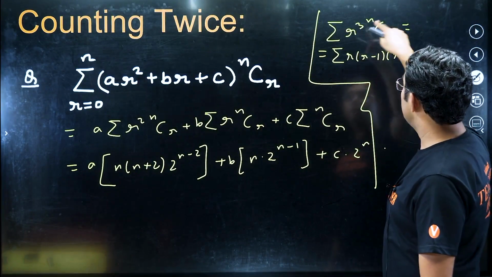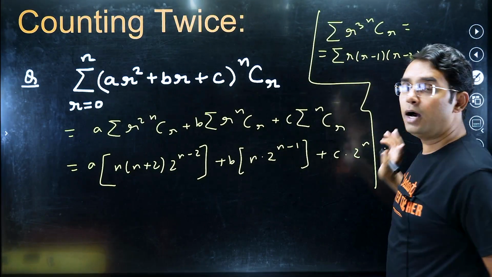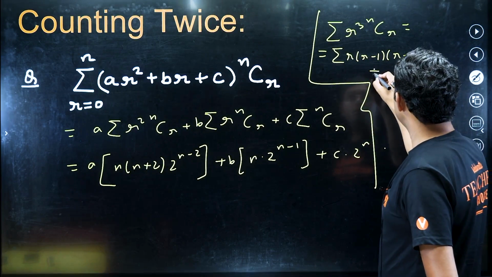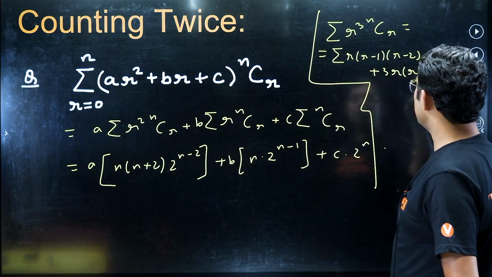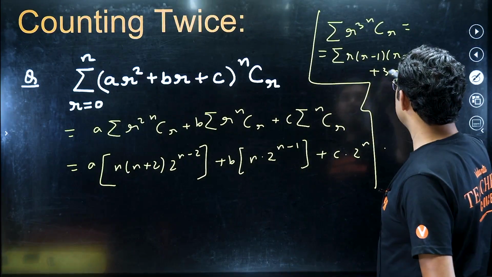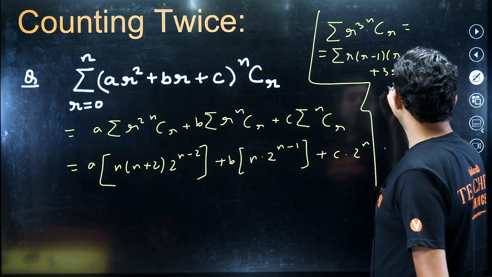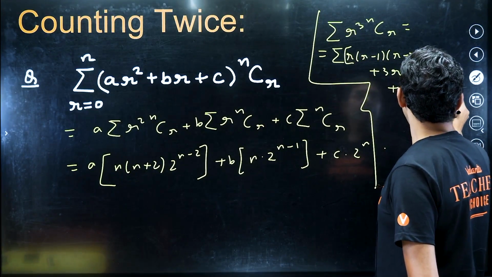Okay, so r cube is already there, but I have subtracted minus 3r square, so I have to add 3r square. Instead of adding 3r square, I will be adding 3r into r minus 1. Now look at the term of r. 2r was here and minus 3r was here, so I have to add once r here. So this thing is multiplied with nCr.